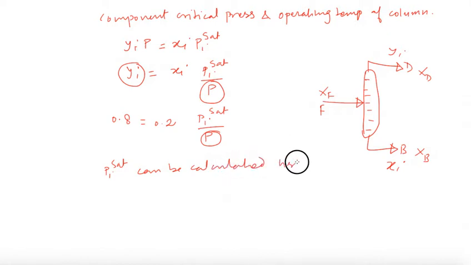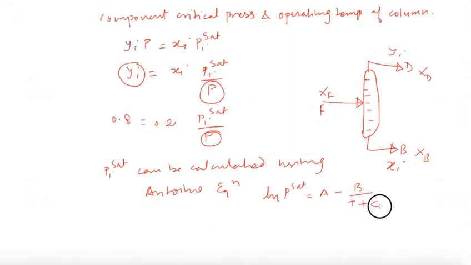using the Antoine equation. So what is the Antoine equation? This is ln P set equal to A minus B upon T plus C. So here A, B and C are the component specific constants which you can get from the data book.